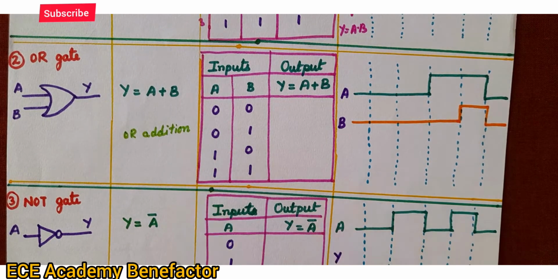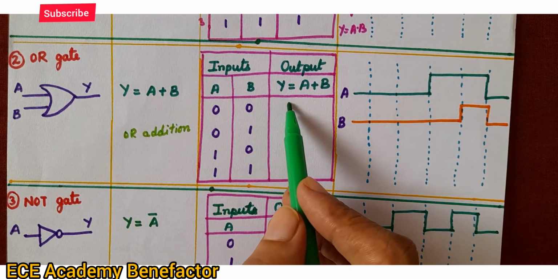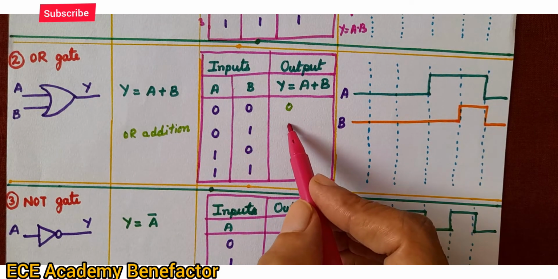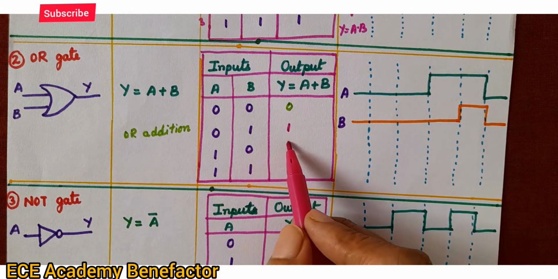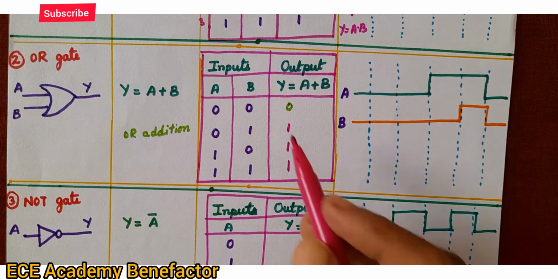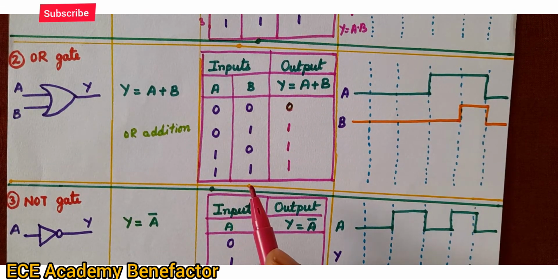It's different than binary addition. In OR addition, 0 plus 0 is 0, 0 plus 1 is 1, 1 plus 0 is 1, 1 plus 1 is 1. So, this is known as OR addition.